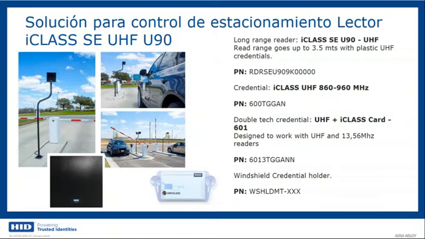HID also has a windshield holder, so you can use it in the window of your car, and you do not have to take the credential out of the car, even though you have to present it to the reader like we normally do with our credentials. Okay, it's a long range reader.